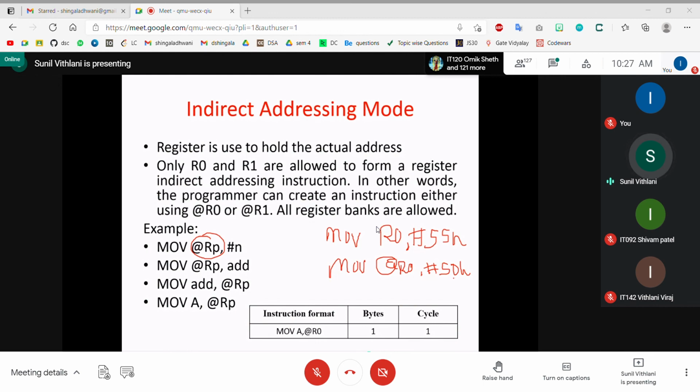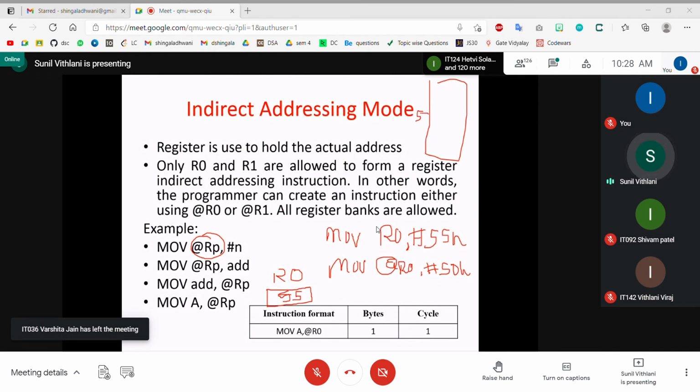What will be the interpretation of this? First of all, what is there in R0? R0 में क्या होगा? So inside R0 we will have 55, and that will be indicated as your RAM address. So RAM का address जो 55 होगा वो हम यहाँ पे @R0 as a use कर रहे हैं. So this will be your RAM address, and in this particular location we are writing data 50.